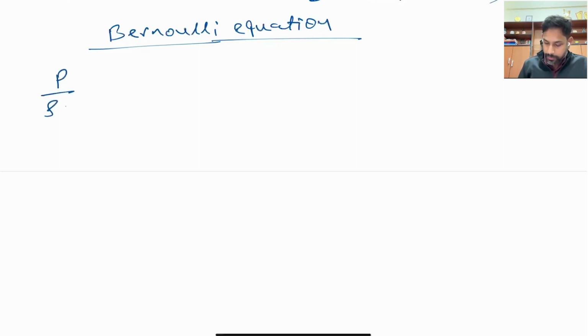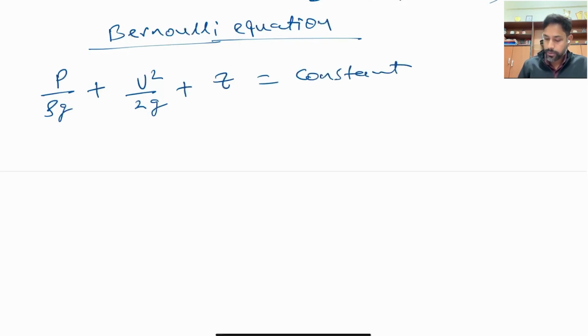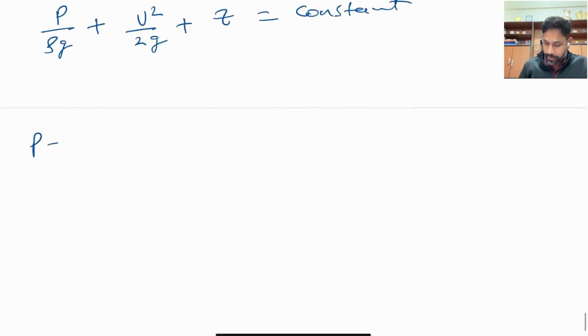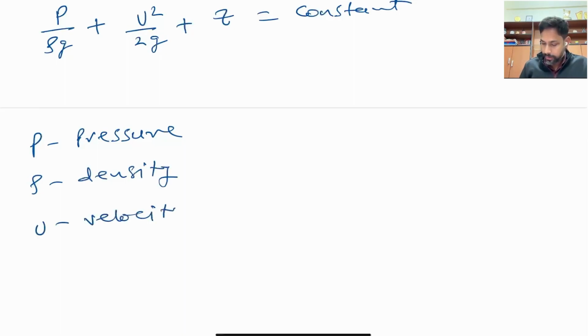So this is written as P by rho g plus U square by 2g plus Z is equal to constant. Okay, where P is the pressure, rho is the density, U is the velocity, g is the gravity term, and Z is the elevation.